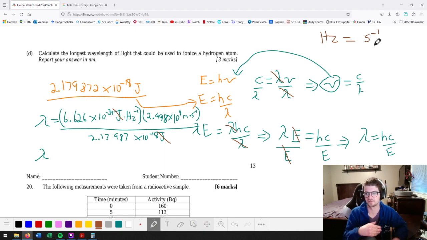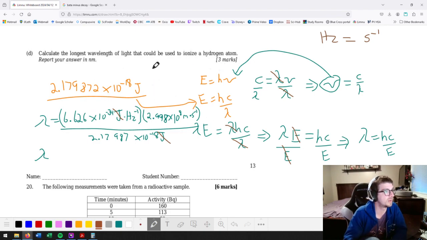Something happens this many times per second, and that's hertz. Like our alternating current power grid, at least in North America, is set at 60 hertz, so it cycles backwards and forwards 60 times per second.